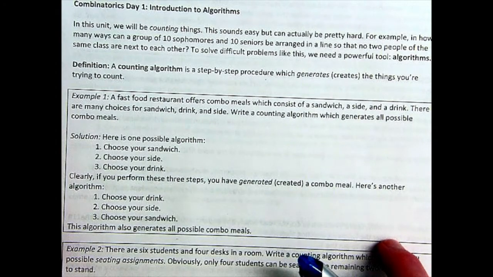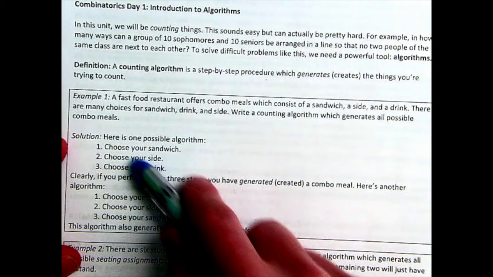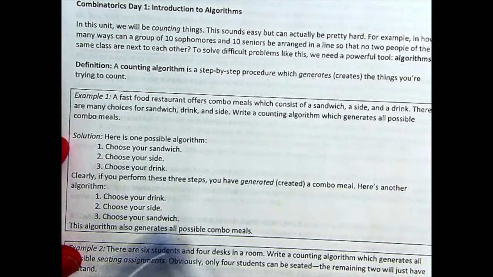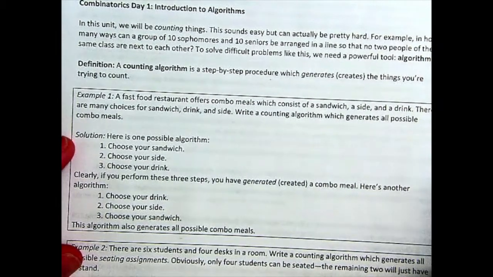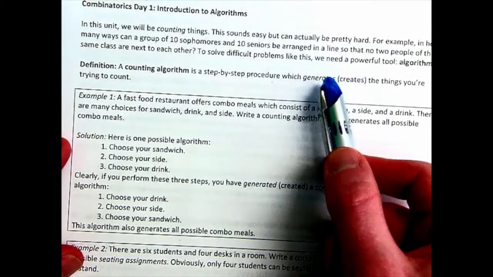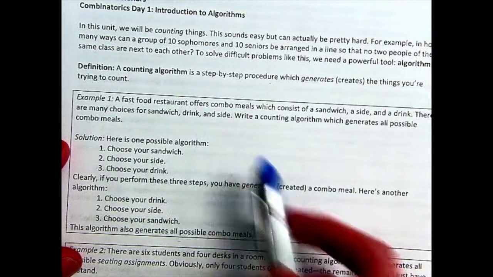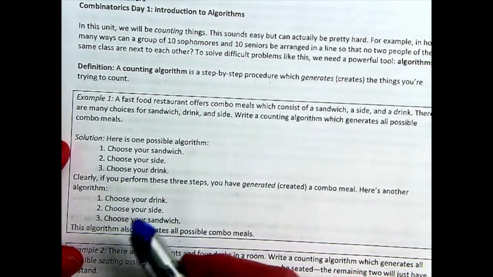It's a bit like if you ran this algorithm over and over and over again, it would be capable of generating every possible combo meal. That's what I mean when I say a counting algorithm is a step-by-step process which generates the things you're trying to count. We're trying to count combo meals, and this algorithm generates all possible combo meals.